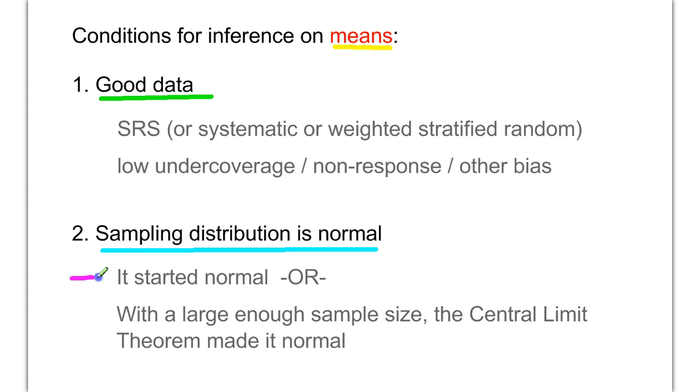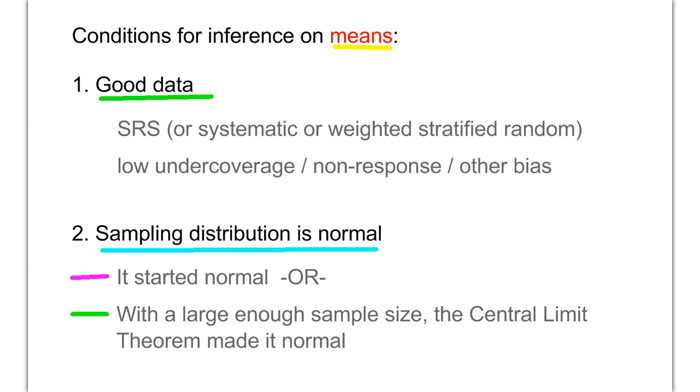If we start with a distribution that's normal, it doesn't matter how big our sample size is. Let's say we're looking at heights that are normally distributed in the population, we could have a sample size of 1, and that would be okay. However, if we have, like most distributions, some skew or some crazy shapes going on, then we would need to make sure that our sample size was large enough.